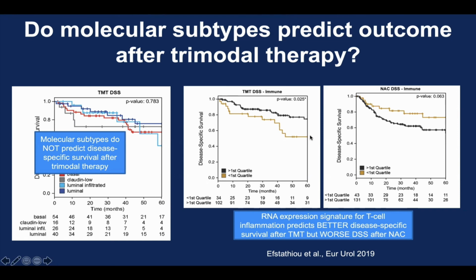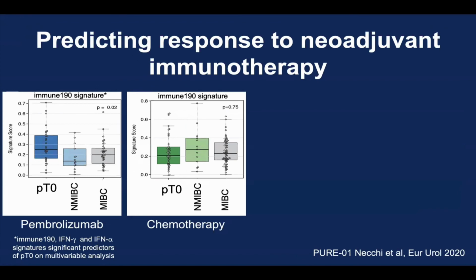So again, the potential to select patients for treatment or select treatments based on gene expression, although this is not specifically subtypes. And for immunotherapy, this is something we did together with Andrea Necchi in Milan, who's done a trial on neoadjuvant pembrolizumab.